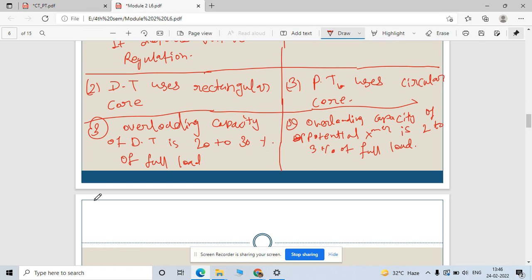And one more thing: for distribution transformer, we consider the main criterion, which is efficiency. Here we are considering the efficiency factor, and this is the main criterion while designing. So this is nothing but your efficiency.